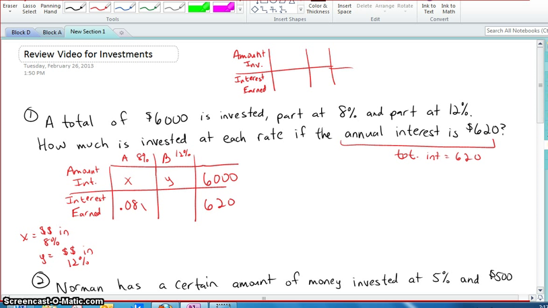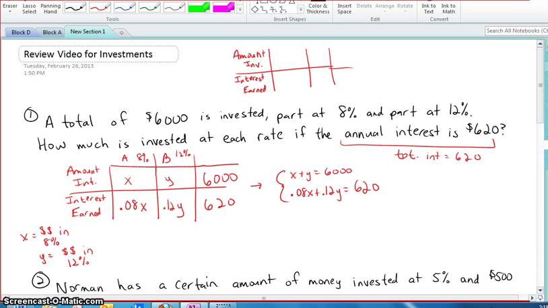So 8% times X. The amount earned in the B account is 12% times the amount of money in there, 12Y. Since these are totals, I know that I have to do X plus Y equals 6,000, and 0.08X plus 0.12Y equals 620. Those are totals, so that's what my system looks like.